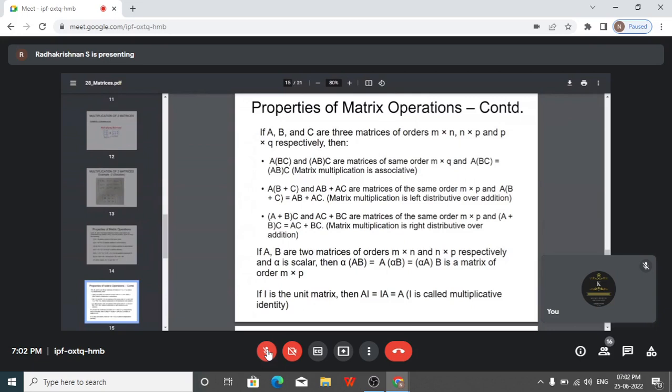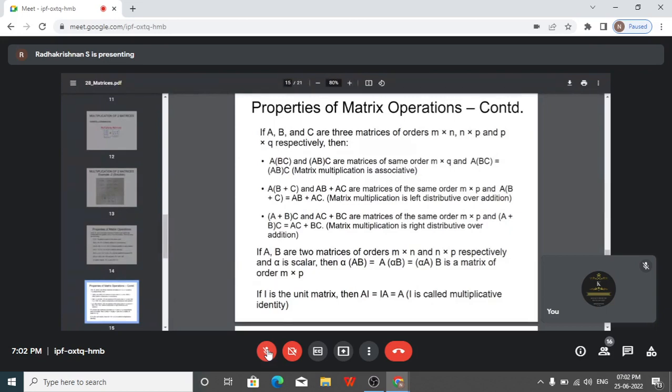But we should not swap them. A into BC, not BC into A, with A placed on the right side. Because if the order changes, the matrix value will change. A cross B is not equal to B cross A. So long as we maintain the same order, A into BC or AB into C, we can do that.